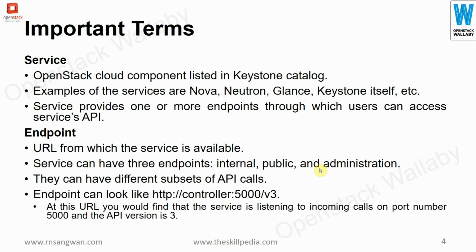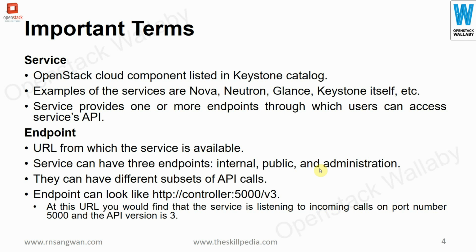Some important terms we use in OpenStack Keystone. One is service. A service is an OpenStack cloud component listed in the Keystone catalog. Examples of services are Nova, which is the compute service, Neutron for networking service, Glance for image management, Keystone, and of course then we have Swift, Heat, Cinder.